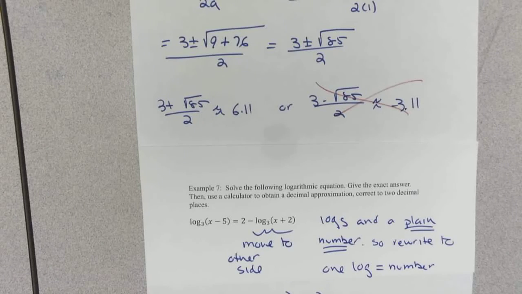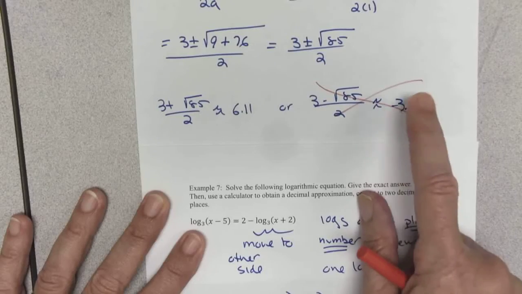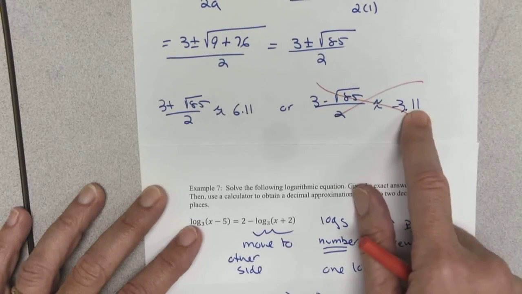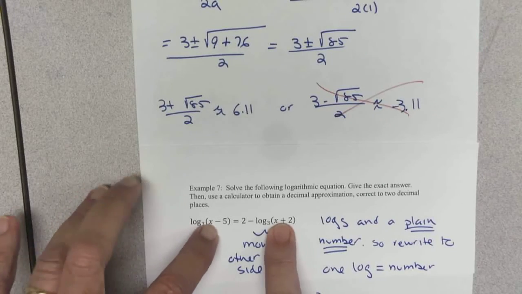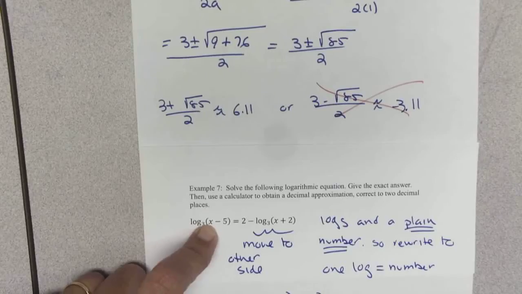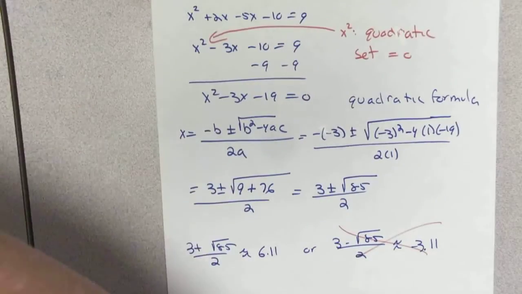There just isn't a great way to check it since it's log base 3. We could use the change of base formula and try to check it, but there's just not an easy way. And so on these harder ones, you do have to at least make the small check that you're not getting a value that you absolutely cannot use. And so that negative 3.11, if I were to put it in here, that would result in logs of negatives, and I can't do logs of negatives. So there is that one.